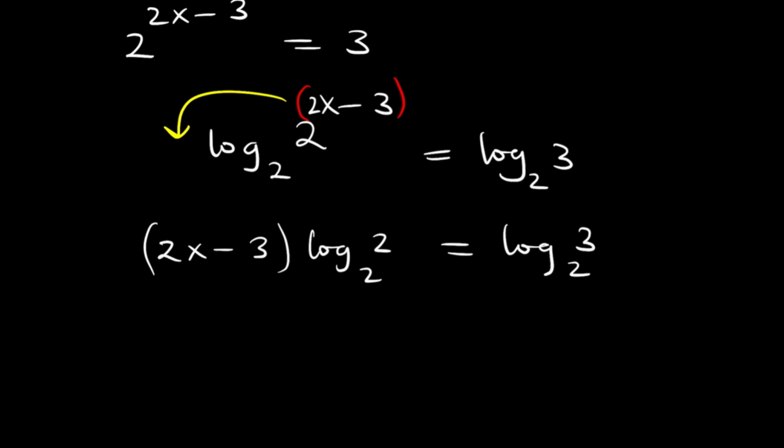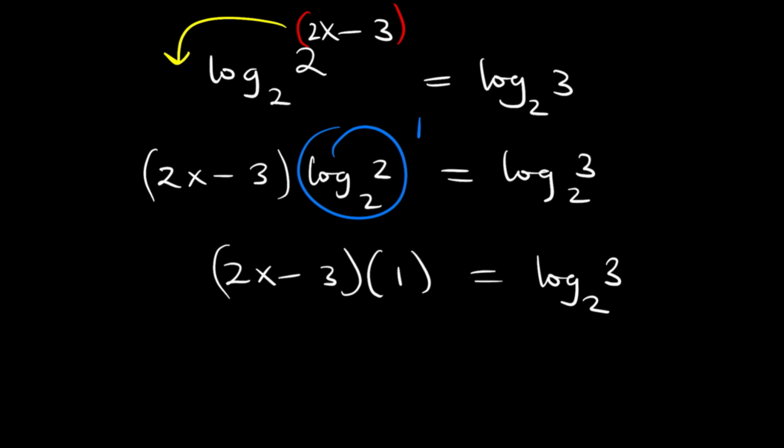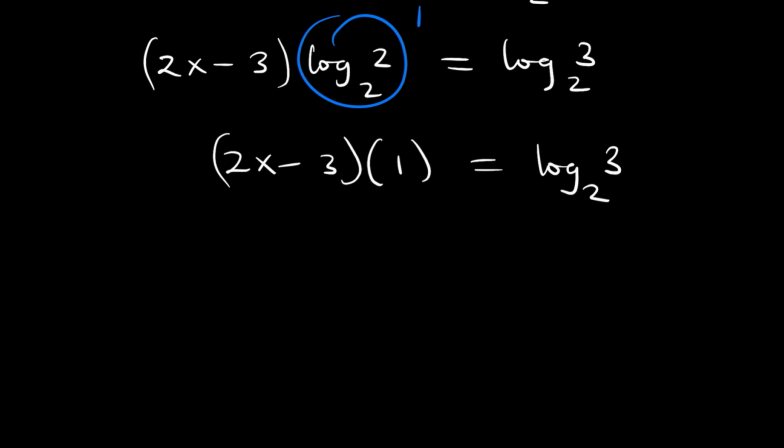And also by law of indices, log 2 base 2 is 1. And we then have 2x minus 3 times 1 is equal to log 3 base 2. If we open up the bracket on the left hand side, this is simply 2x minus 3 is equal to log 3 base 2.